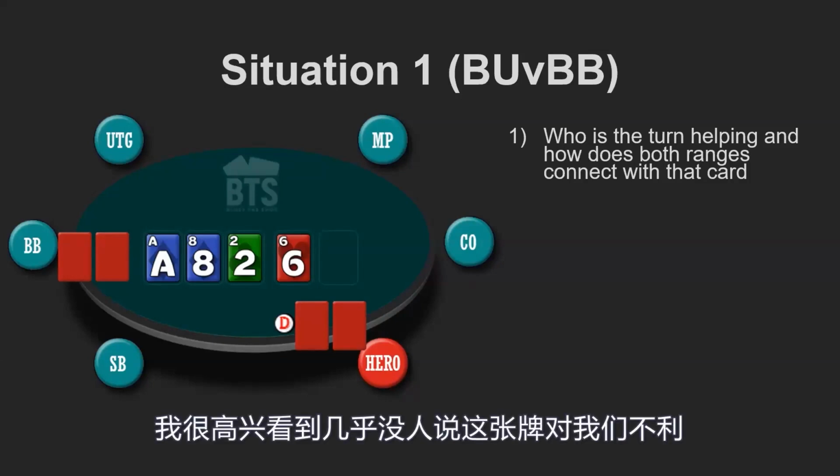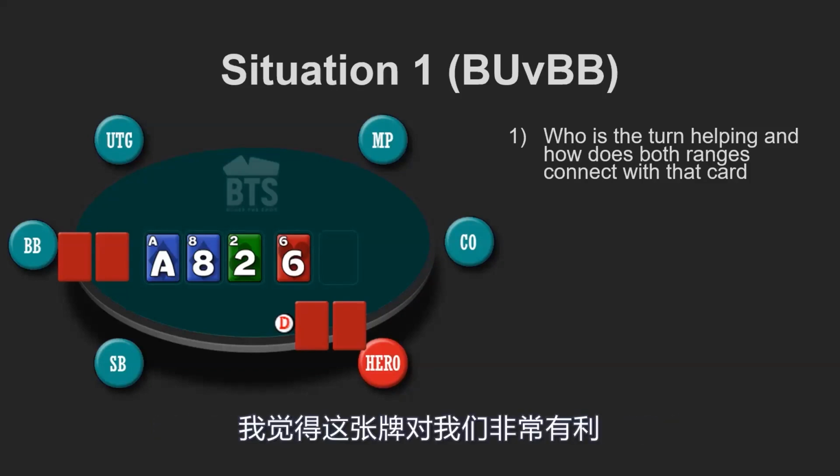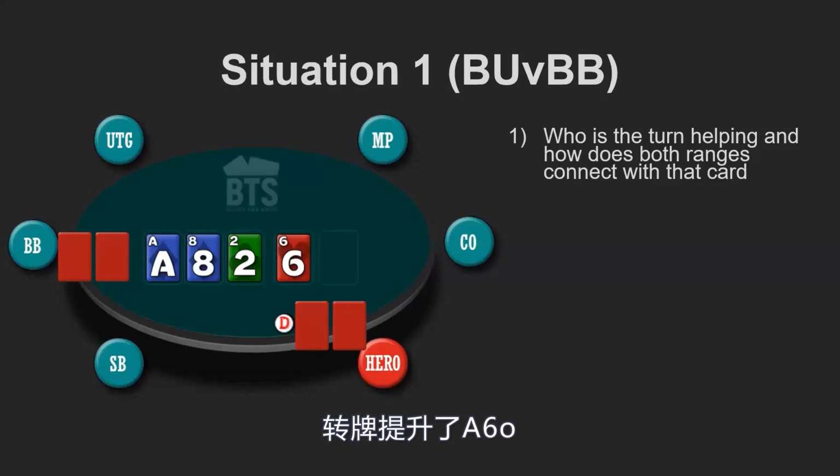Okay, so I'm happy to see that nobody said that it's a bad card, because it's a pretty good card in the sense that some ace-6 suited improves. It doesn't really have ace-6 off. It doesn't really have deuce-6 suited as well.